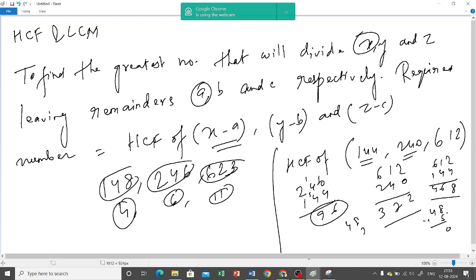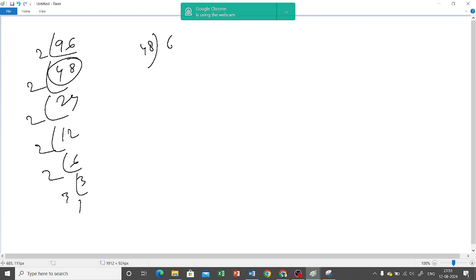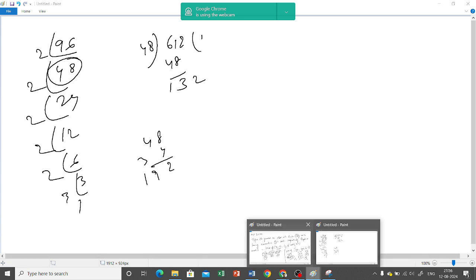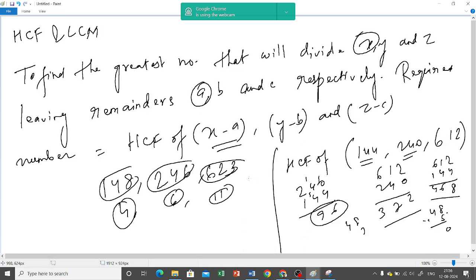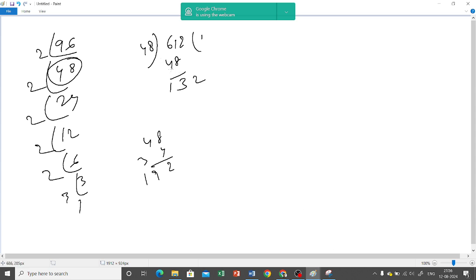But 48 doesn't divide 612. So 48 is not the HCF.